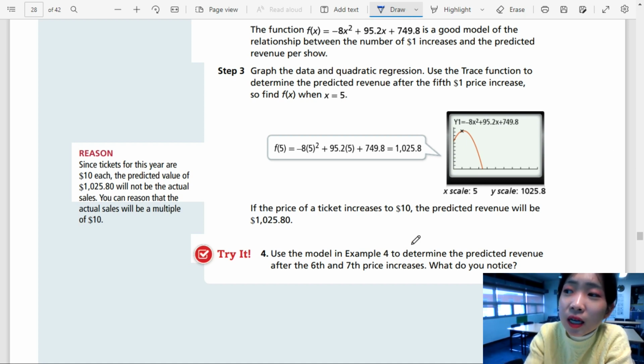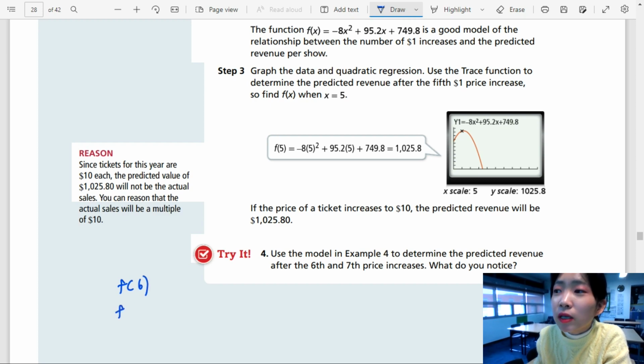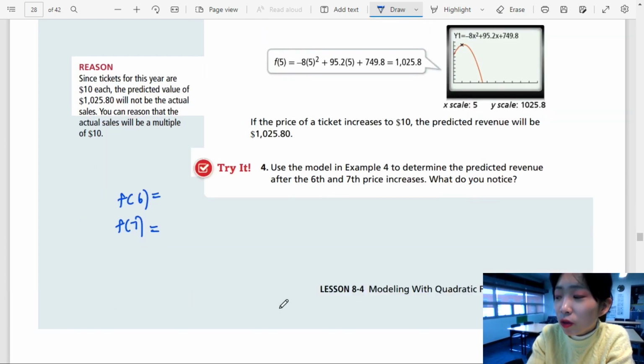So we're just going to plug in 6 and 7 into the equation. So what is f of 6 and what is f of 7? If you simply plug it in, you'll figure out that f of 6 is $1,033 and f of 7 is $1,024.2. So you'll see that the revenue is decreasing, right?